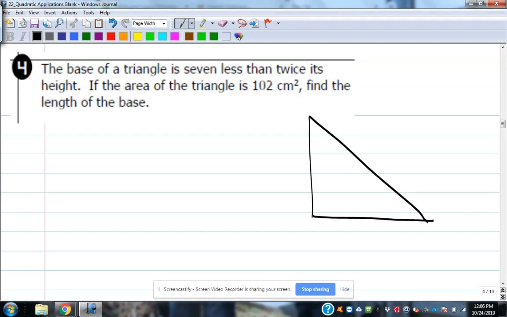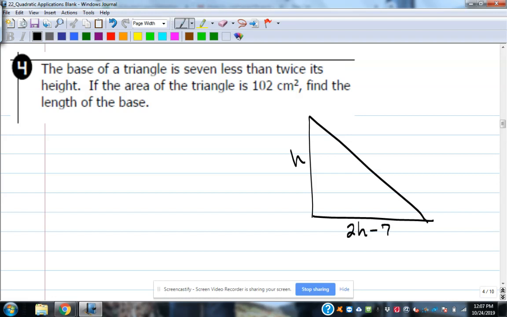So the base of the triangle is 7 less than twice its height. So looking at this triangle, where would the height be? Be the left side, the one that's going straight up and down. So we don't know how much that is, but we know the base. What would be the expression for the base, the part that's on the bottom? Yeah, 2h minus 7.